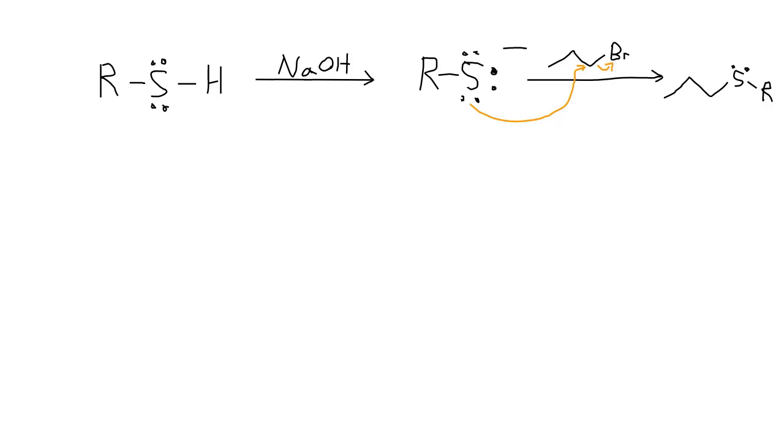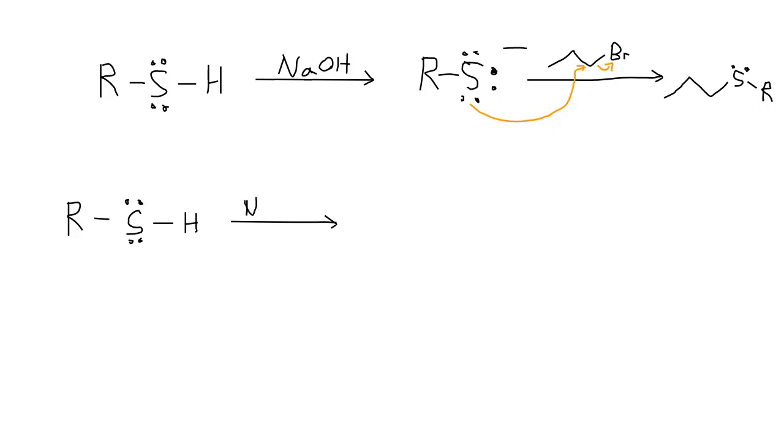Another really interesting thing is you can have oxidation of thiols to form disulfides. And to do that, you have not simply NaOH, but also bromine.